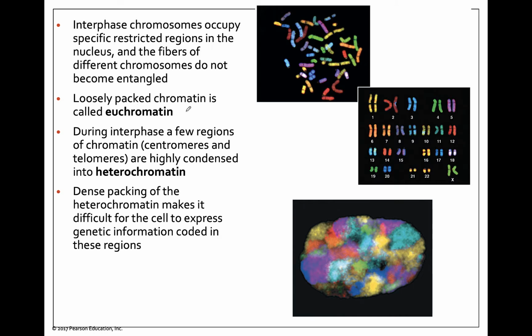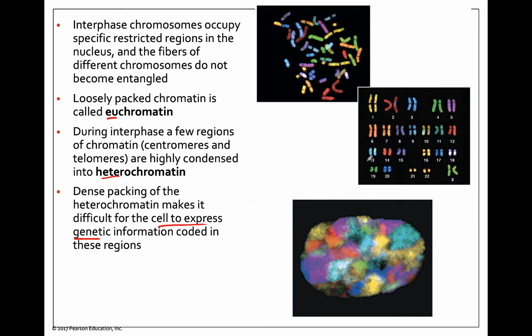Loosely packed chromatin is also called euchromatin, or true chromatin, meaning that it's loose and can be used. During mitosis, we also have highly packed heterochromatin. This is where it's densely packed, and hetero means different. This is different chromatin. When it is densely packed, it's really hard for cells to express that genetic information.